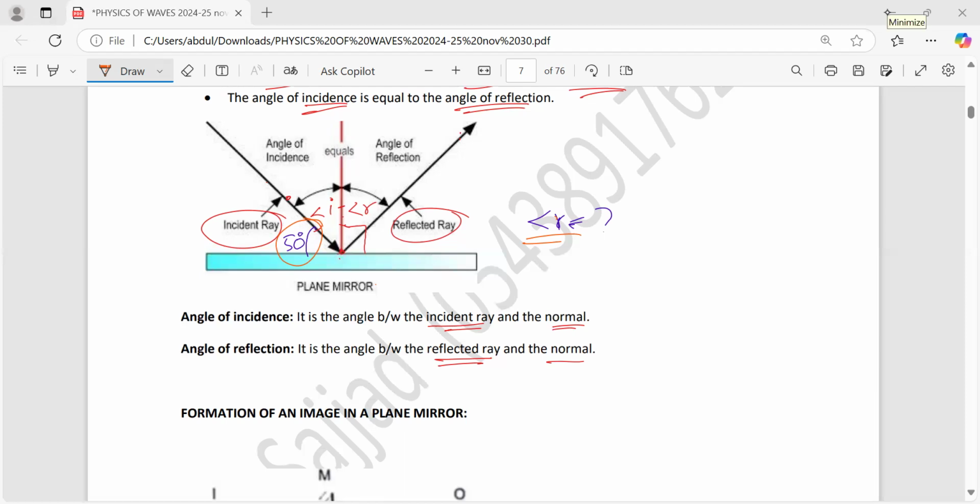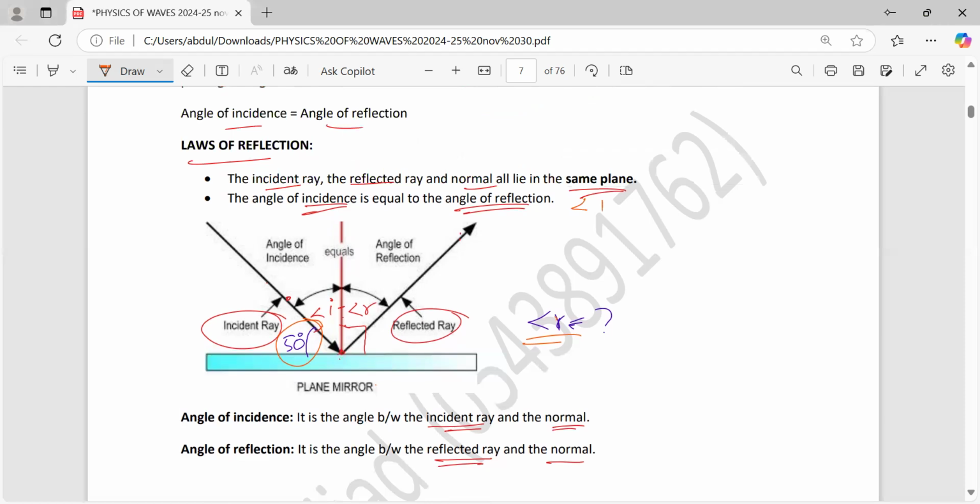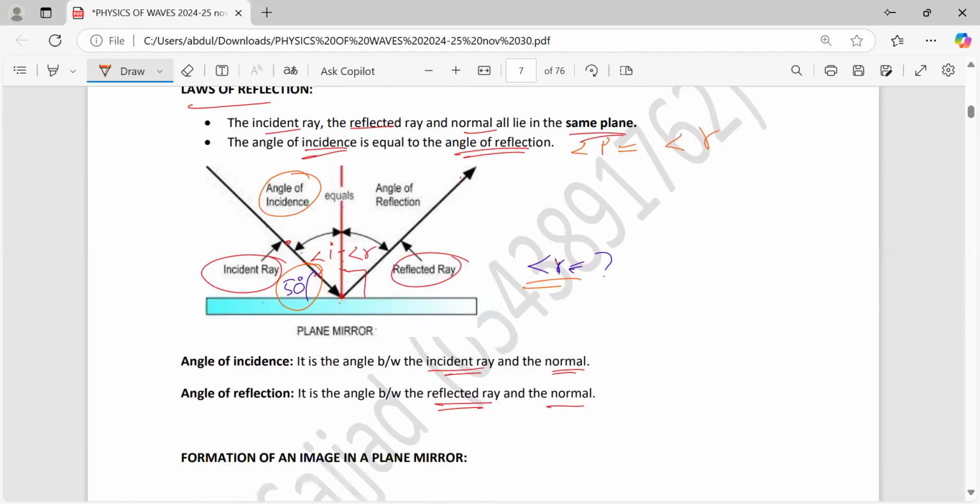Don't sleep. The rule says that angle of incidence is equal to angle of reflection. This is not angle of incidence. See here, you can see angle of incidence is between incident ray and normal. This 50 degree is between incident ray and mirror. Not a definition. Even I wrote it here.